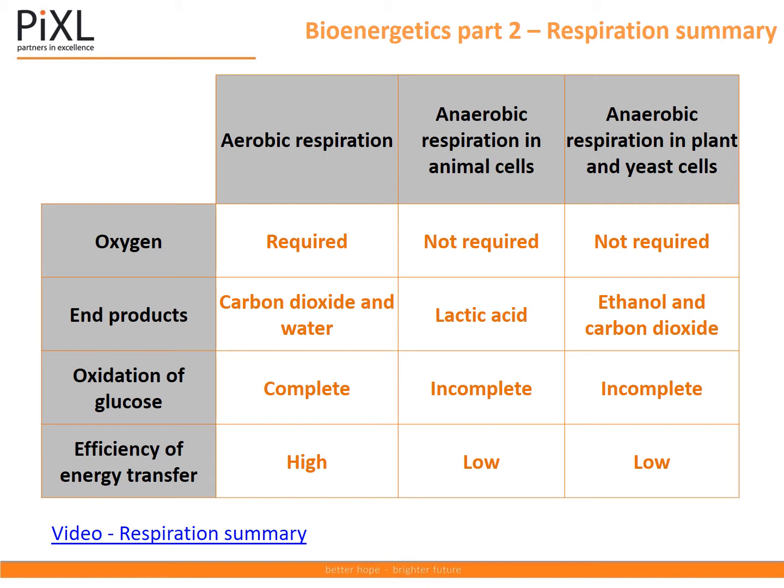The product is lactic acid, it is incomplete oxidation, so only provides a small amount of energy. And in anaerobic respiration in plant and yeast cells, oxygen again is not used, but this time it makes ethanol and carbon dioxide. It's still incomplete oxidation of glucose, so again only produces a small amount of energy.